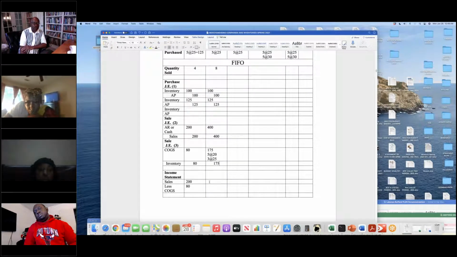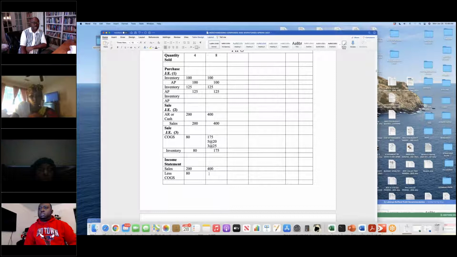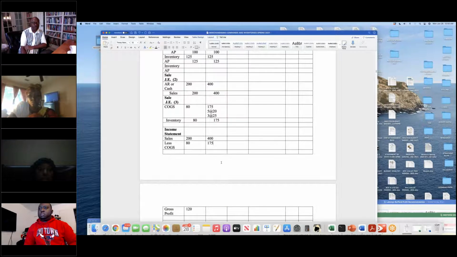So now, we do that income statement. What do we have for sales? 400. Our cost of sales is 175. So what's our gross profit? $225.